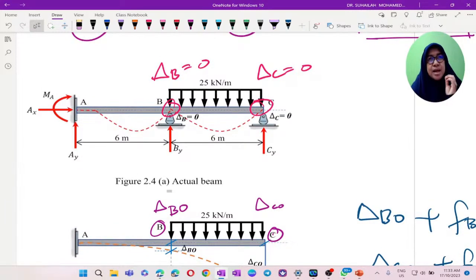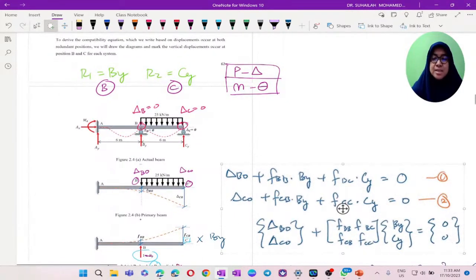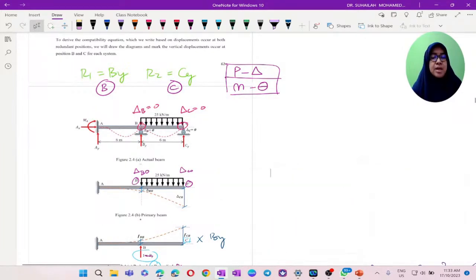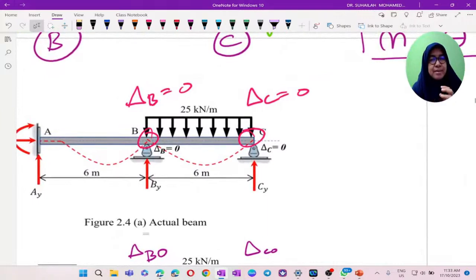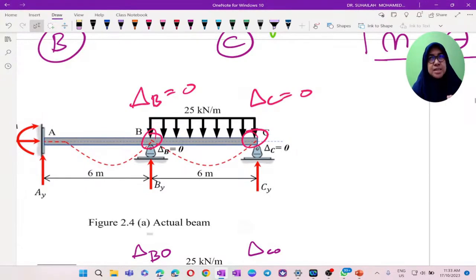Okay, it is the actual beam. Actual beam equals primary beam plus redundant BY applied plus redundant CY applied. Just look at the displacement at B in all systems. Start with the actual beam.